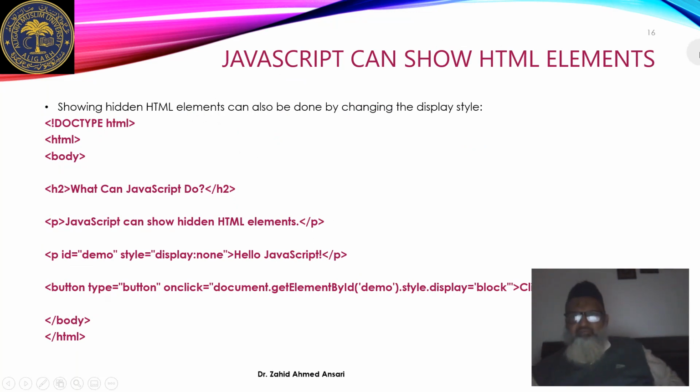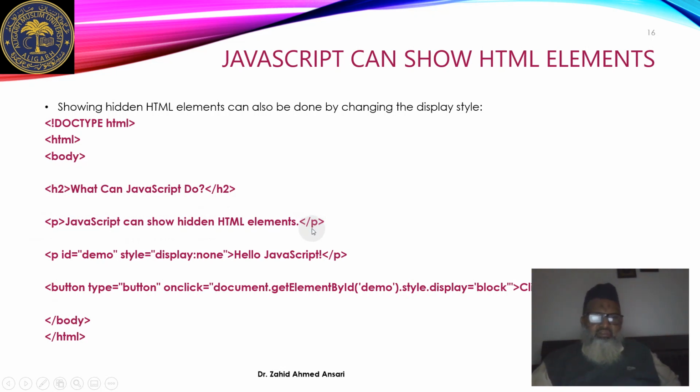With the help of JavaScript, the hidden elements you can show again. Showing hidden HTML element can also be done by changing the display style. So let's see, we have a document, HTML, body, a heading, what can JavaScript do? Then a paragraph, JavaScript can show hidden HTML element.